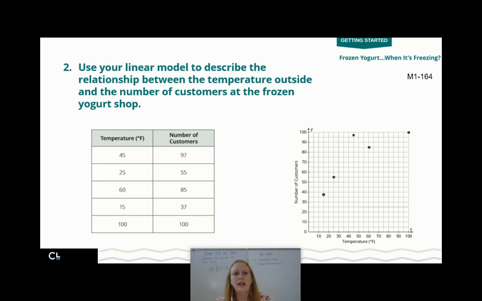So I'm going to come here and I'm going to draw a line that I think does a pretty good job of estimating my data. And again, it's not perfect because it's not going to hit every single point, and that's okay. Let me get my line up and running.